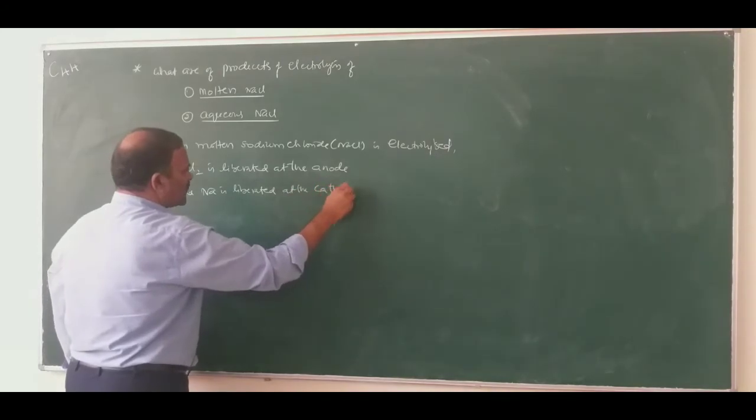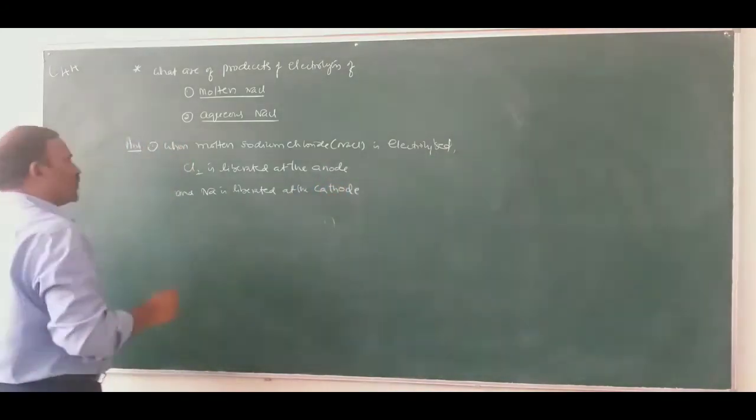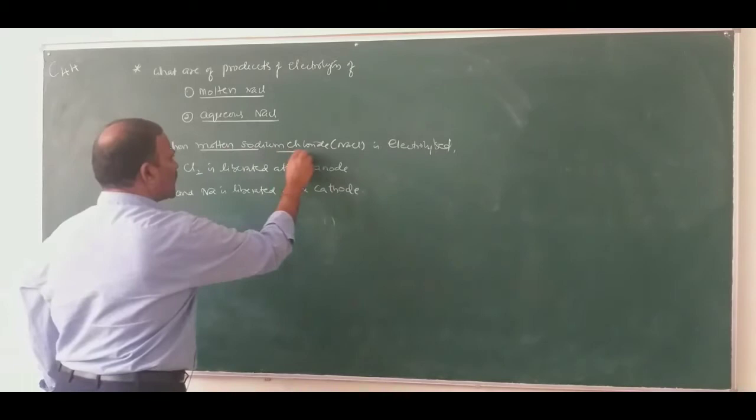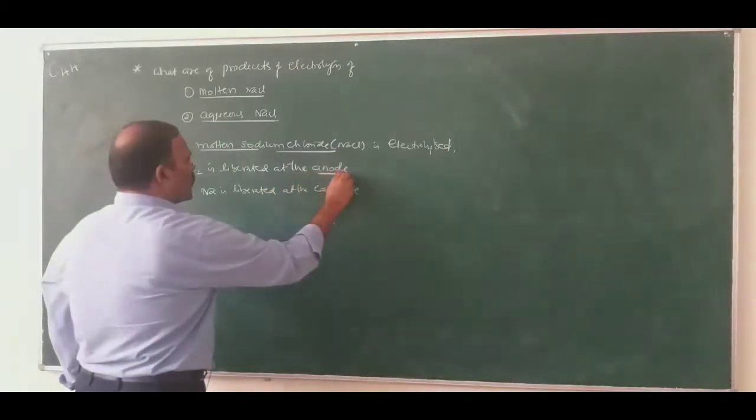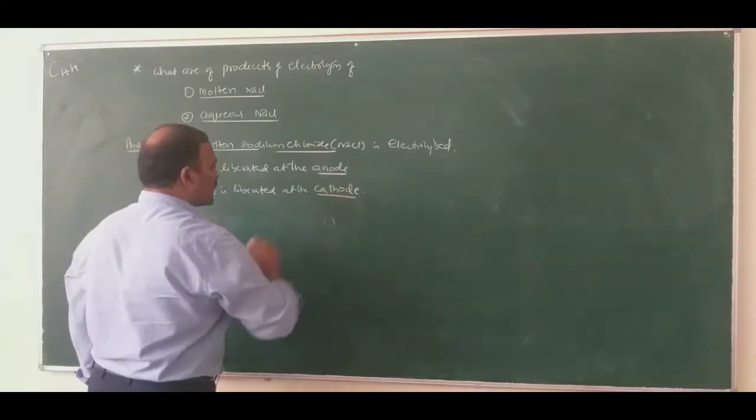You have to write the answer like this. So when molten sodium chloride is electrolyzed, chlorine is liberated at the anode and sodium is liberated at the cathode.